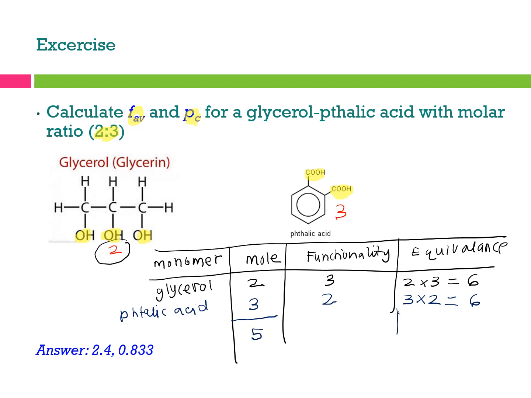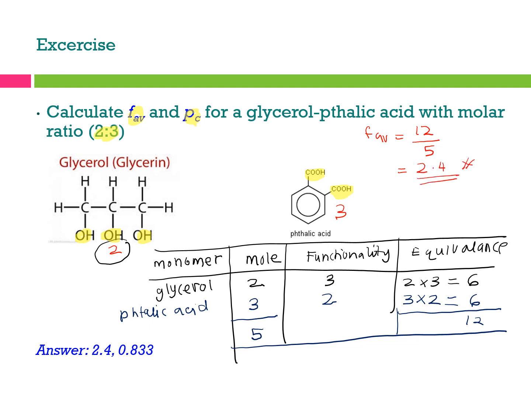And the total equivalents is 6 plus 6, you have 12. Then you find the average functionality, Fav, which is equal to the total equivalents, 12, divided by the total number of moles, 12 divided by 5. So you get about 2.4. This is the value of average functionality.